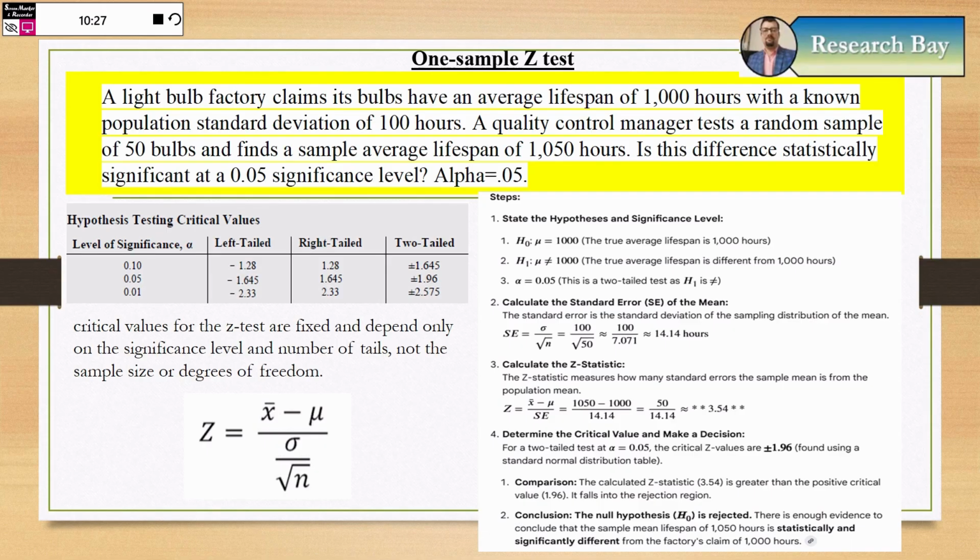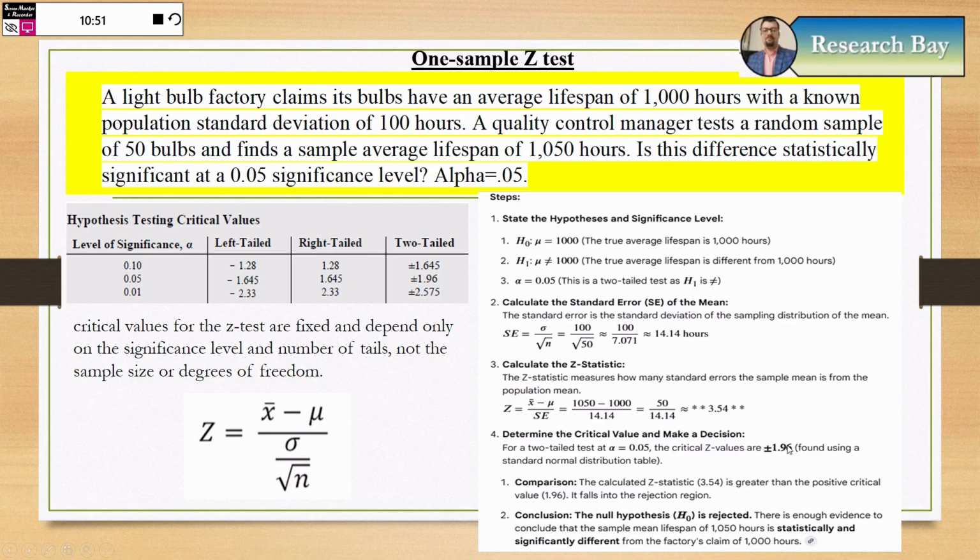It can be just on one side, right? It cannot be on both of the sides. So when you look at that table, you'll find out that this value is 1.96. Area under the curve is 97.5%, alpha 0.05, and that's how you get plus minus 1.96.